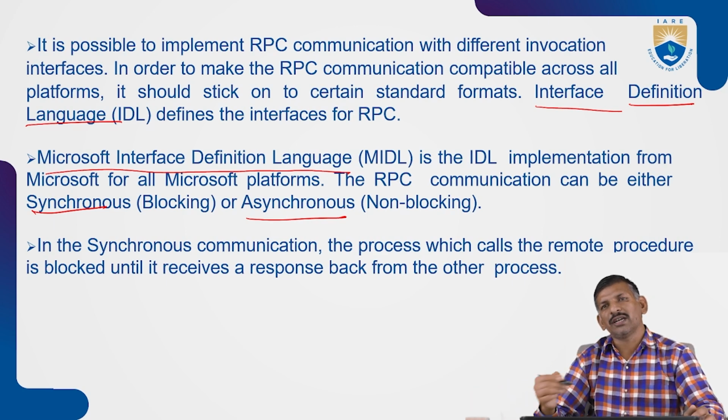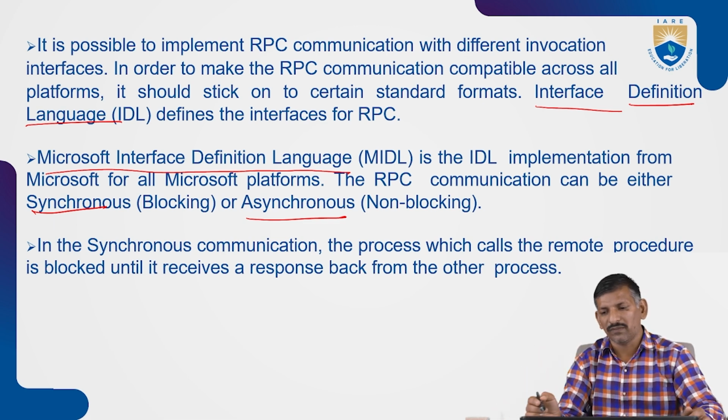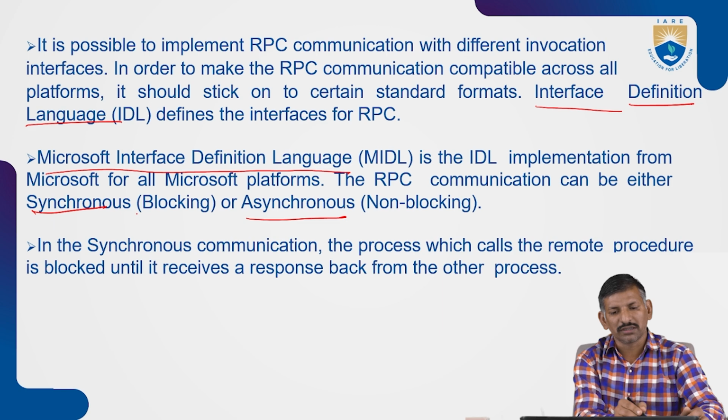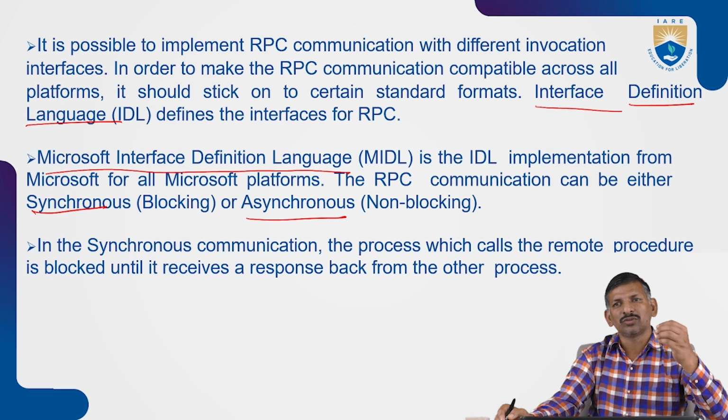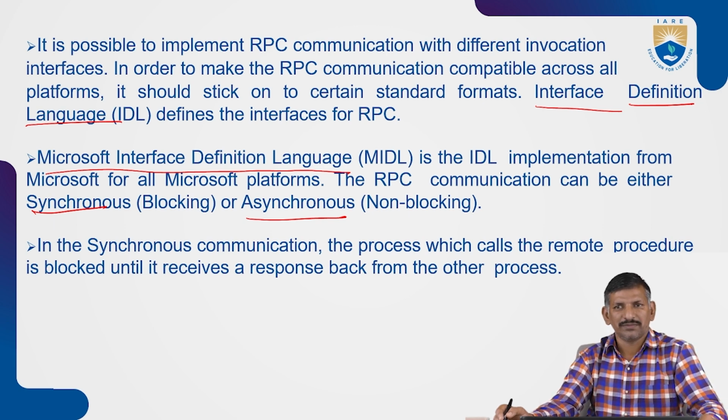After getting the acknowledgement, it will continue its execution. That type of communication is synchronous communication. Asynchronous means the process sends a request to another process but does not wait for any acknowledgement from the server. It continues its execution.